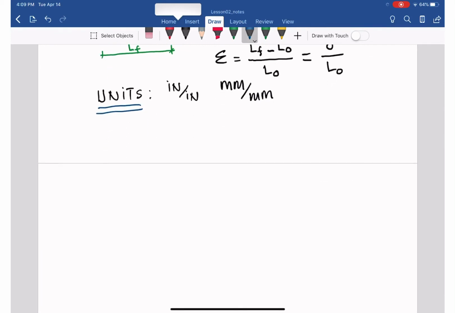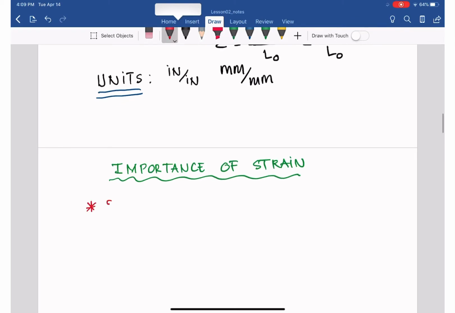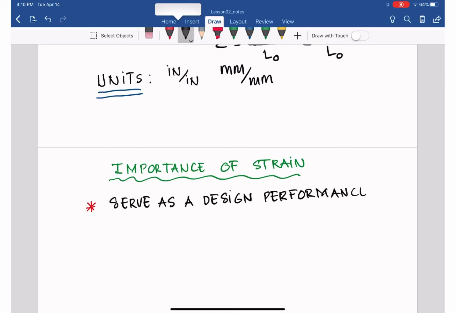The importance of strain: first, it serves as a design performance criterion.